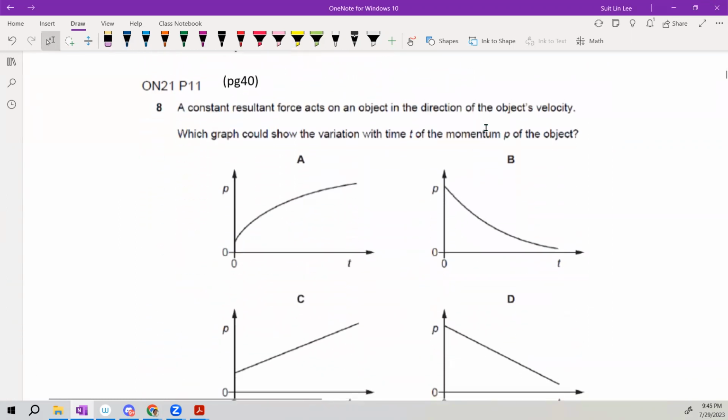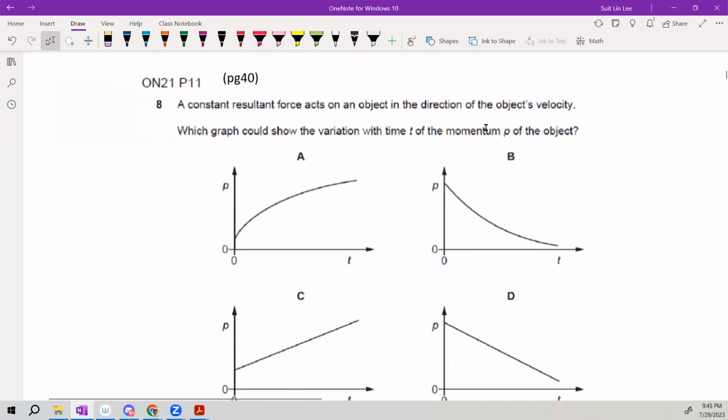Okay, so this is another question on page 40. Here you are given many momentum-time graphs. So it's still the momentum-time graph, yeah? And it says here that we have a constant resultant force.